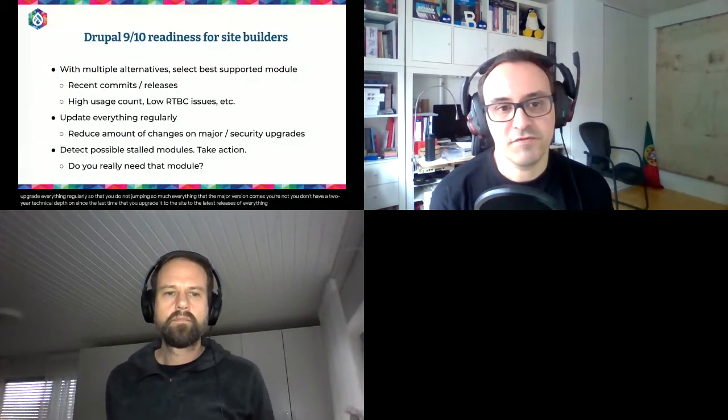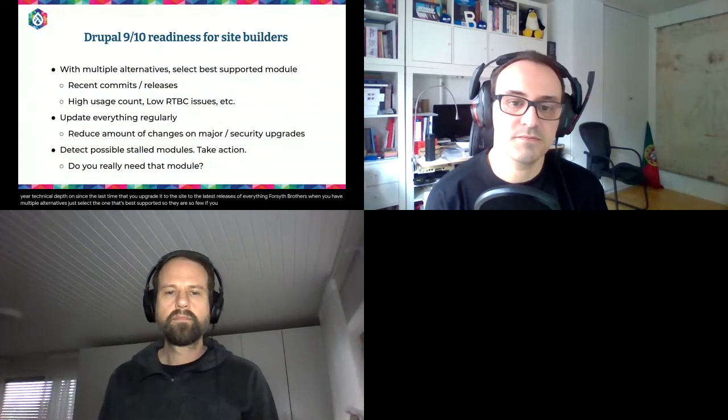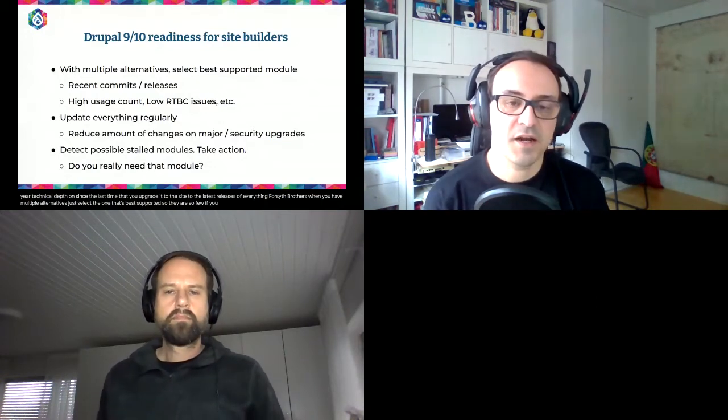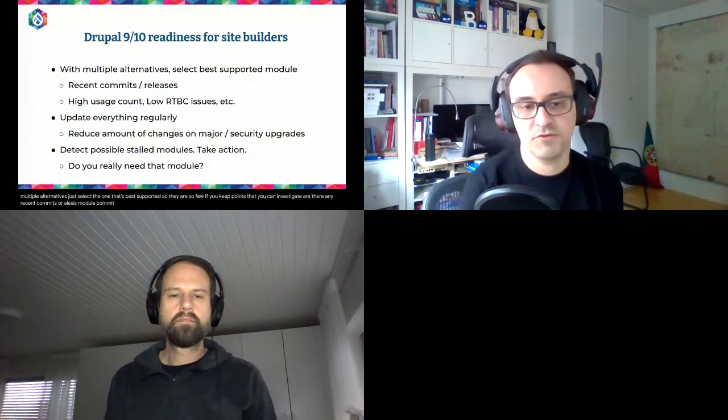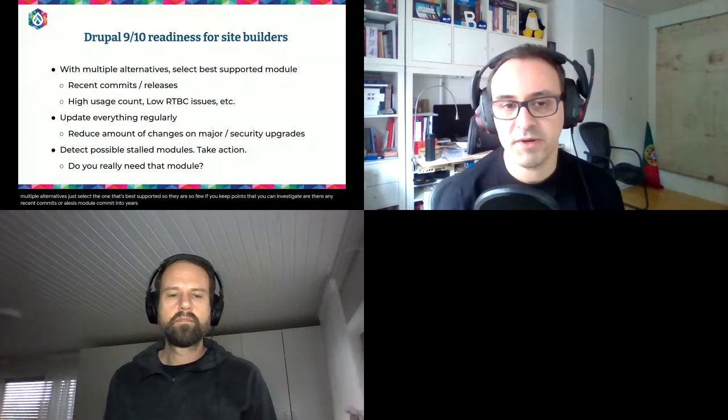I would also say for site builders, when you have multiple alternatives, just select the one that's best supported. So there are a few key points that you can investigate. Are there any recent commits or releases? If a module hasn't had a commit in 2 years, it's probably abandoned.